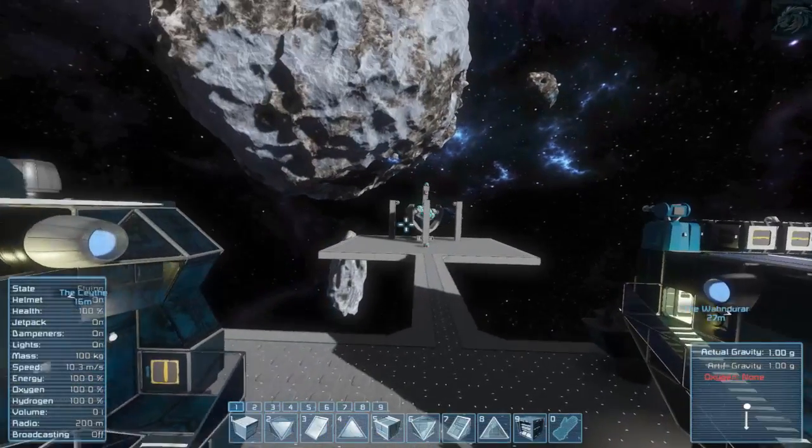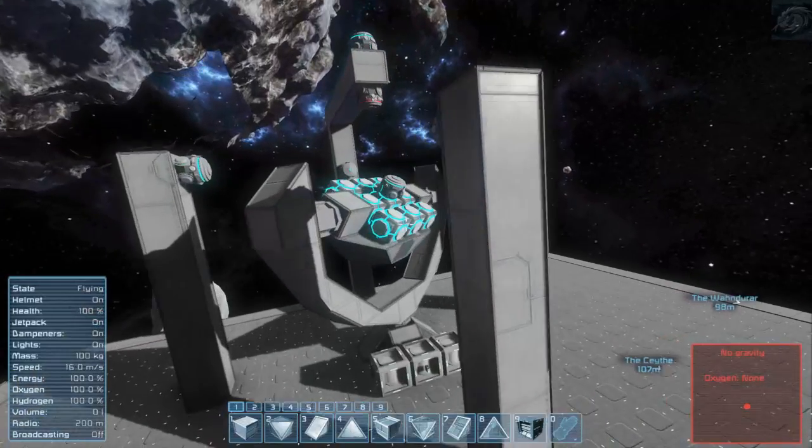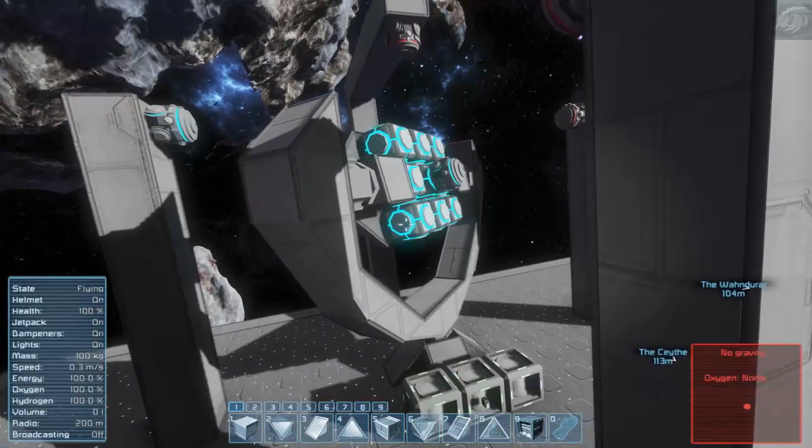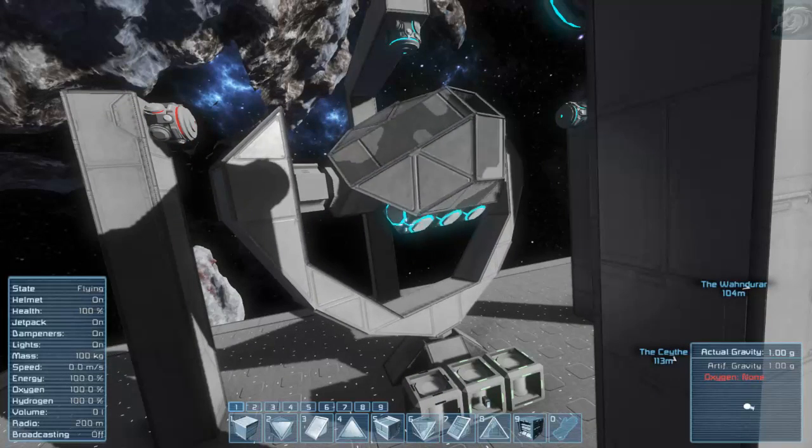I mean, basically what the gravity drive would do is it would function like, it basically tries to keep the vessel suspended as best as it can.